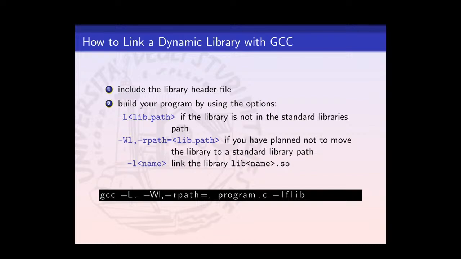So after we have provided these two parameters, we need a third parameter, which tells the compiler the name of the library we want to link to our executable. The name is provided by the minus small l parameter, which has a further sub-parameter, which is the name of the library we want to link.